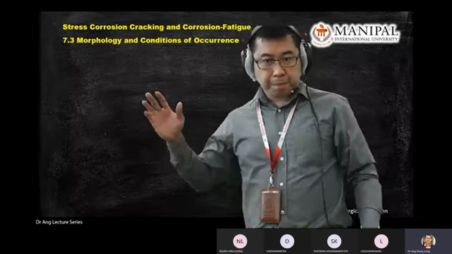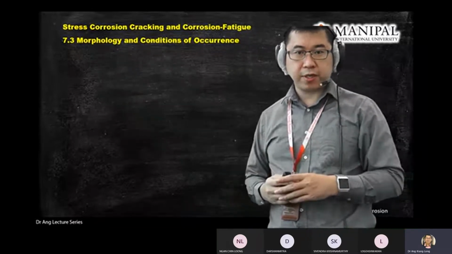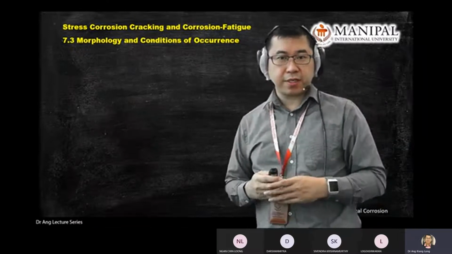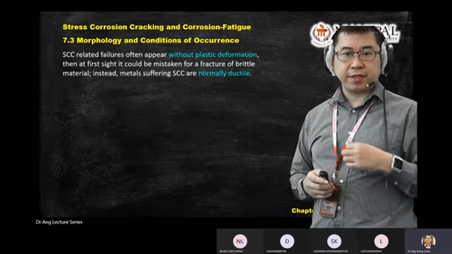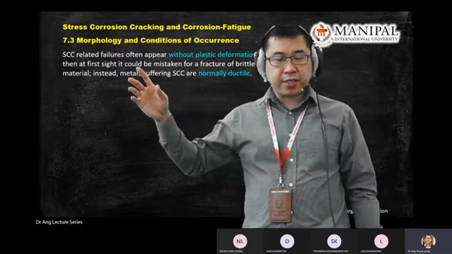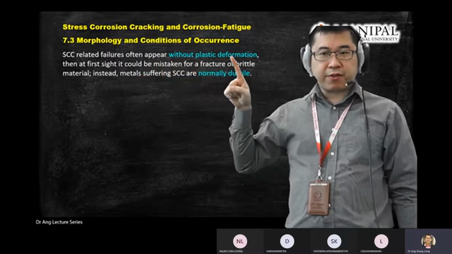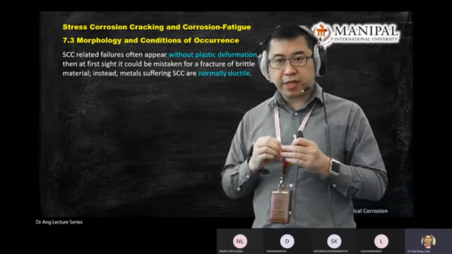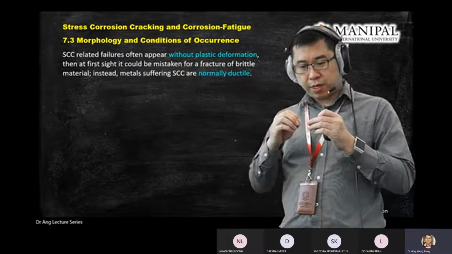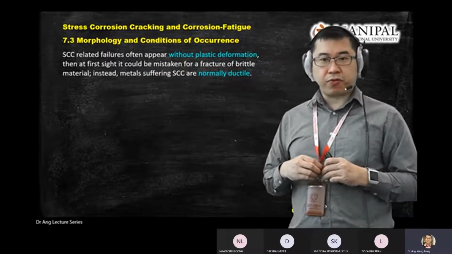Okay, now we are at 7.3, morphology and conditions that trigger the SCC. Take note that SCC fails without plastic deformation. You learned about metals, right? I think your lecturer showed you before the tensile graph of metals.